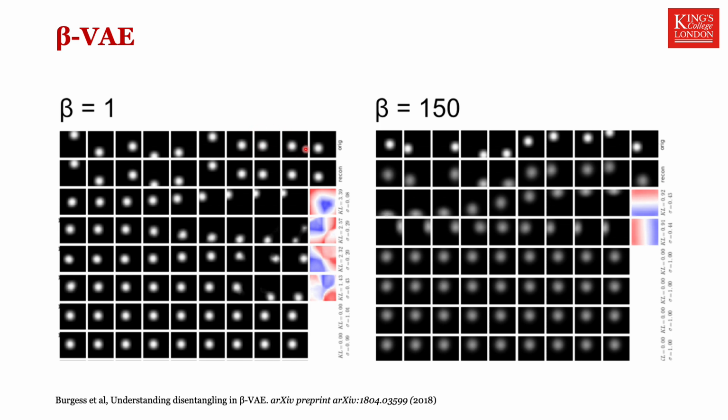So when we are doing variational autoencoding of this information, if you think about it, the information that exists here is actually quite simple. The blurry circle is always of the same size. The amount of blurriness is always the same. The only difference between these circles is the position.